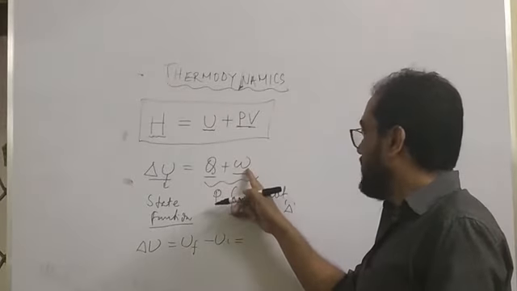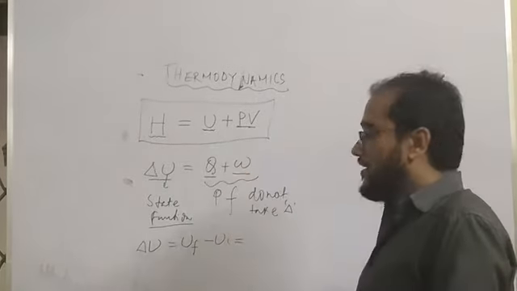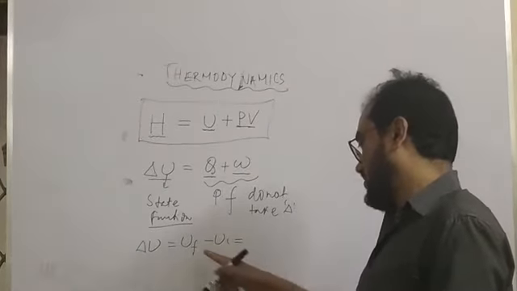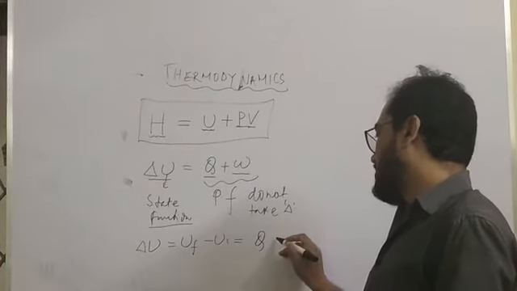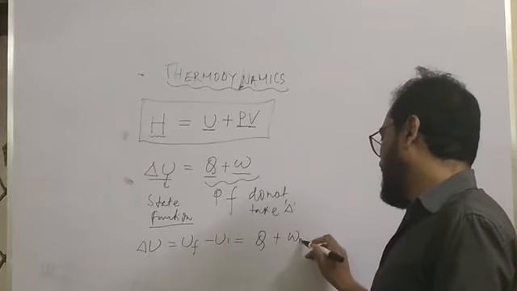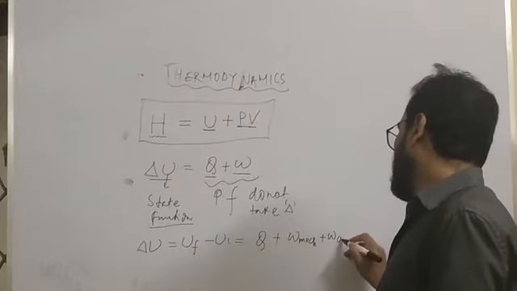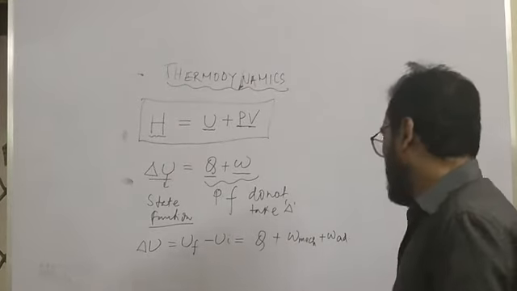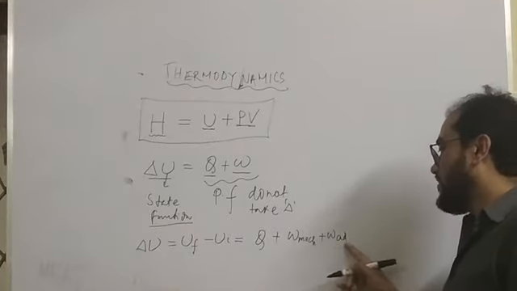Final value of work done, initial value of work done? No, you can't. Rather, you have to write it U_F minus U_I equals Q plus W mechanical plus W additional. W mechanical is mechanical work done, additional is non-mechanical work done.